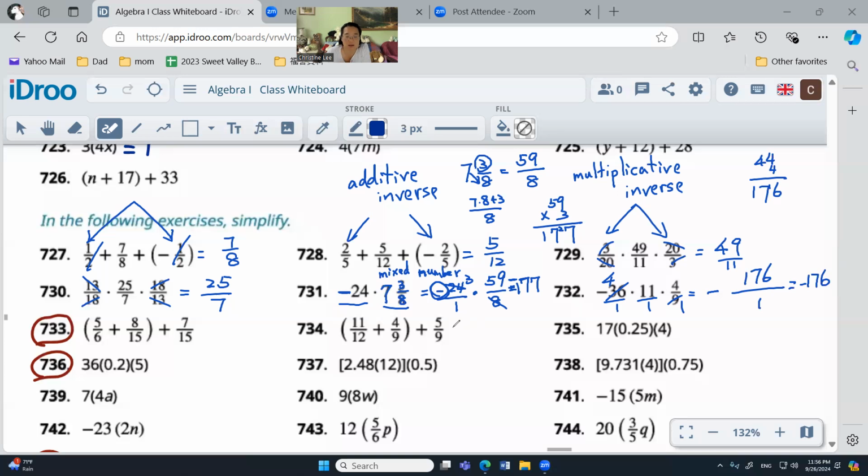All right, so these two are easier to add. Okay, this is called what property? Associative property. In front and back, same thing. So let's do this first.